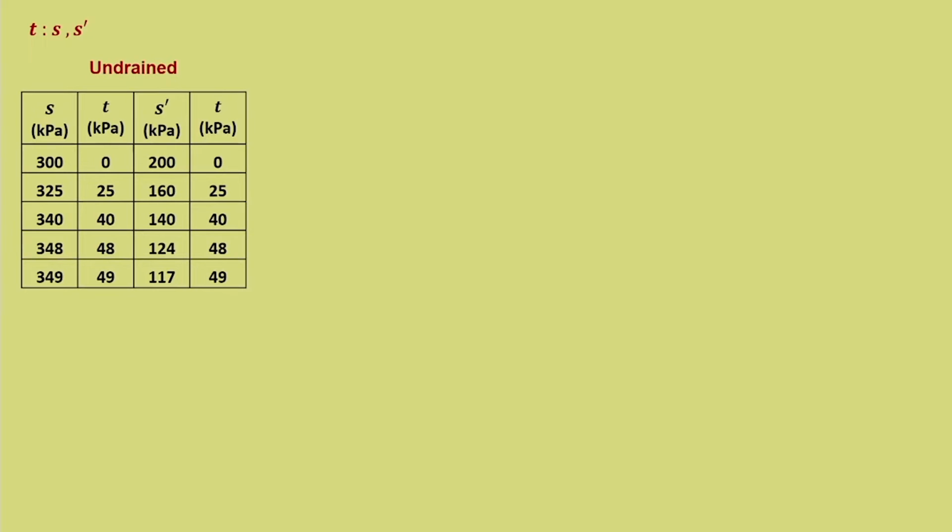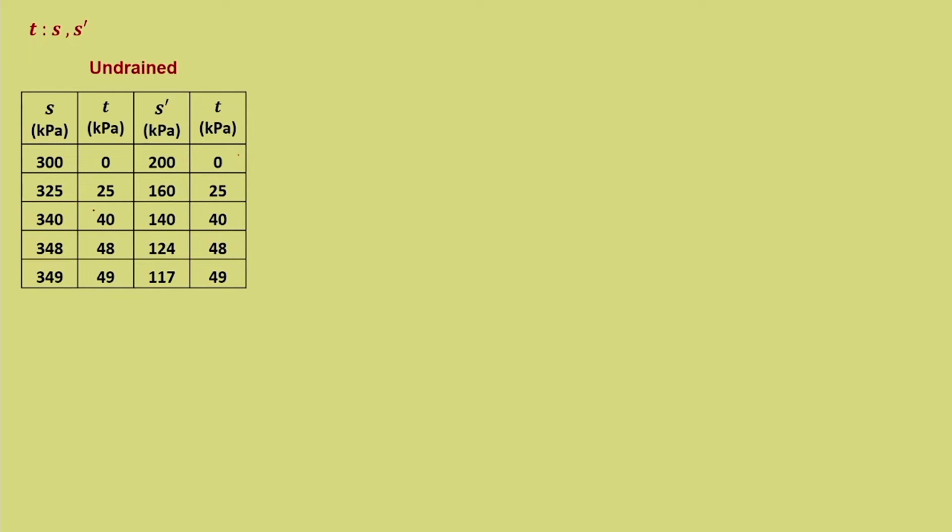Corresponding to undrained, we have pore water pressure, so accordingly s will change, and we know that s dash is nothing but s minus u. That relationship we have seen. So, then 300, 325, this is s, t is 0, this up to 49 remains the same even for effective stress, whereas the effective stress s dash will change.